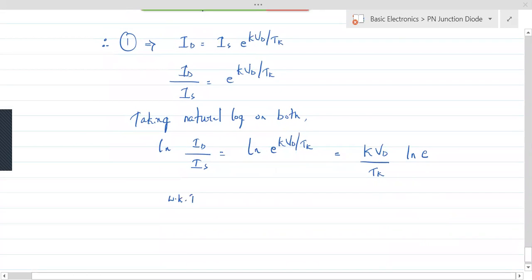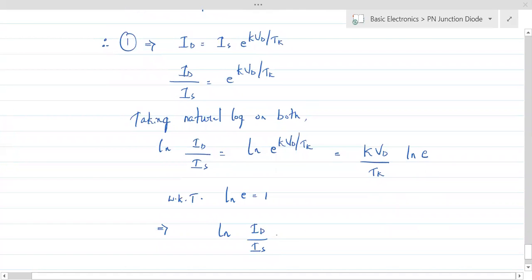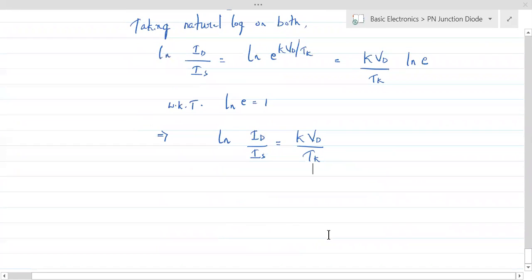We know that natural log of e is 1. So this implies that natural log of ID by Is is kVd by Tk.